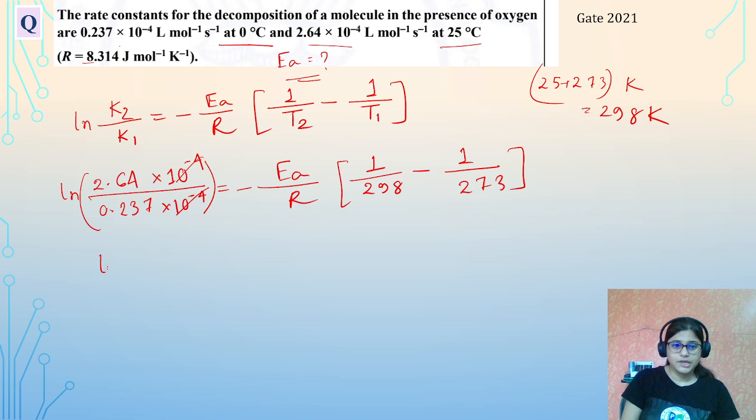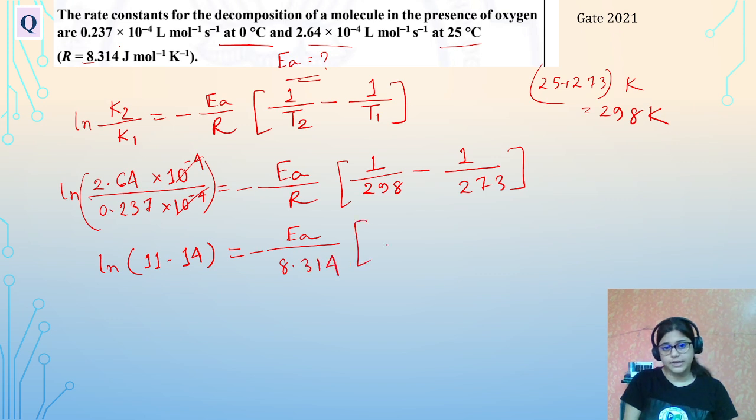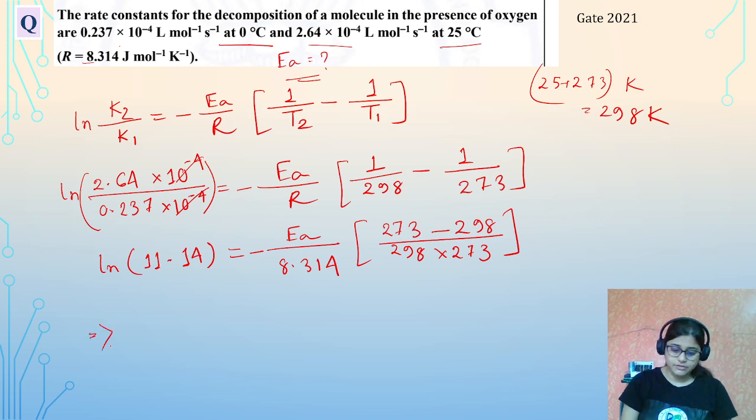So it will be ln 11.14 equal to minus EA by 8.314, and here it will be 298 into 273, and here 273 minus 298. Fine. So this will be ln 11.14. It will be 2.41.